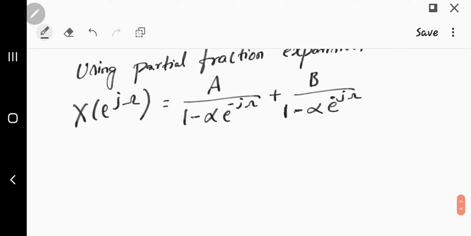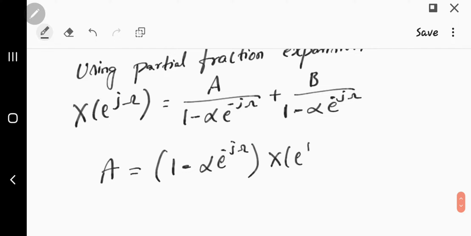So we have to find the value of a and b. So a is found out in this way: 1 minus alpha, that is whatever the denominator of a. If you want to find b, then take the denominator of b here, e power minus j omega into x of e power j omega.